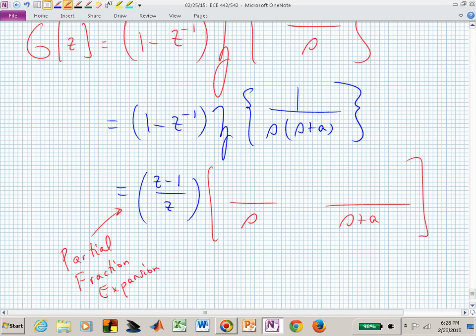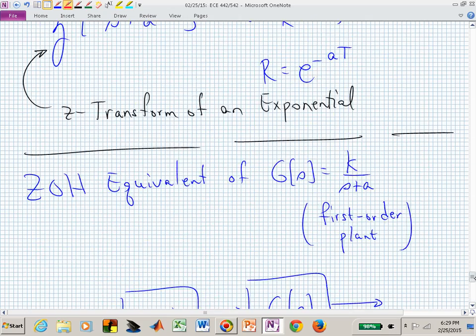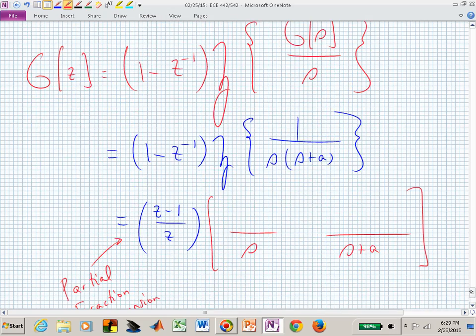And what are those terms? Whoops. Wake me up. I had a K over there, didn't I? So this is supposed to be K. What's the partial fraction coefficient over S? Can you derive that?